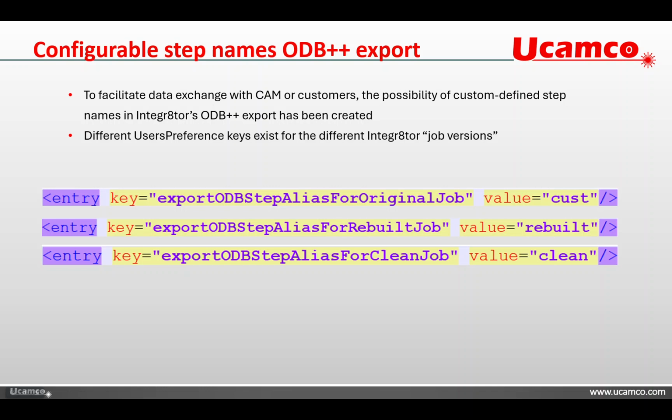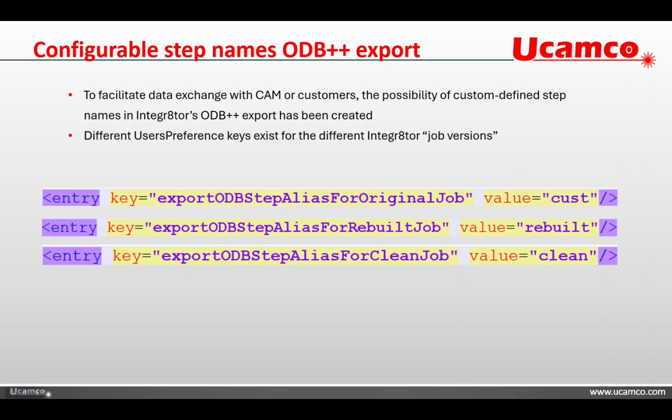So there are basically 3 different job versions that you can get out of Integr8tor. One is the original job, there is one called the rebuild job, and there is a clean job. And for each of these 3, you now have the ability to define the step name in the ODB output for that particular set of data.